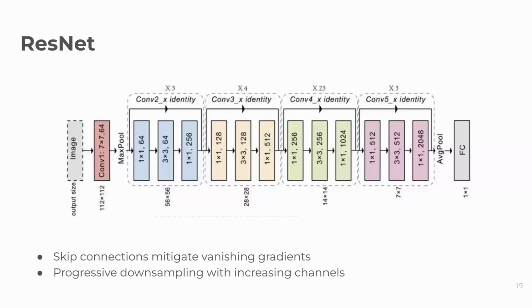These residual networks were created to solve the issue of vanishing gradients, to skip connections, and also to progressively downsample as we increase the channels. So it's the same approach: implementing this way of skipping some connections so that we don't run into the issue of vanishing gradients.